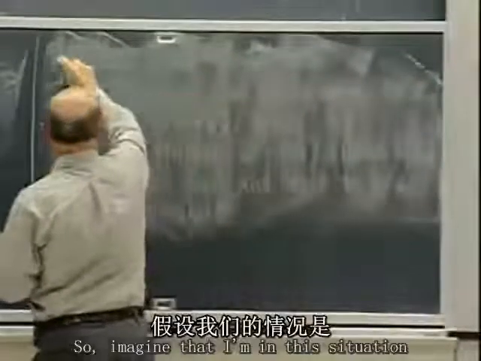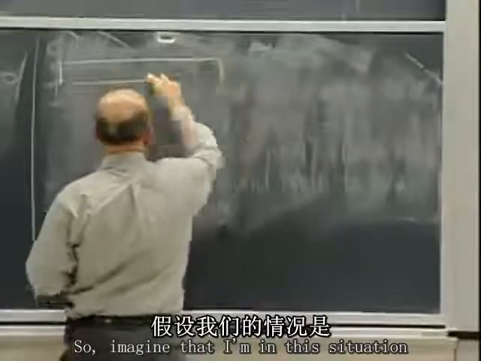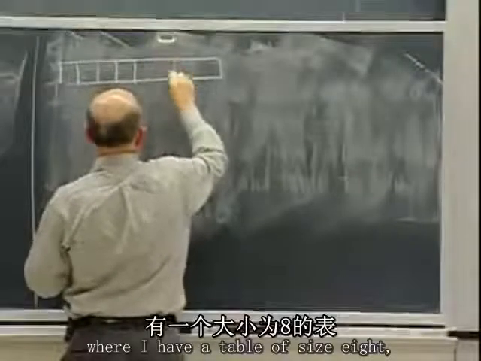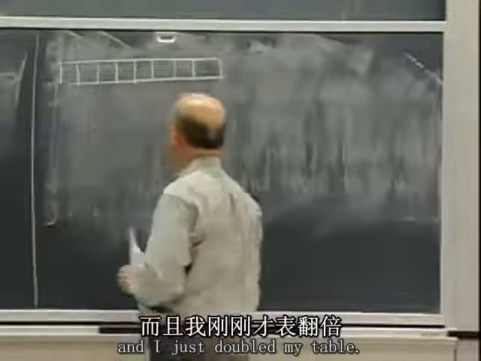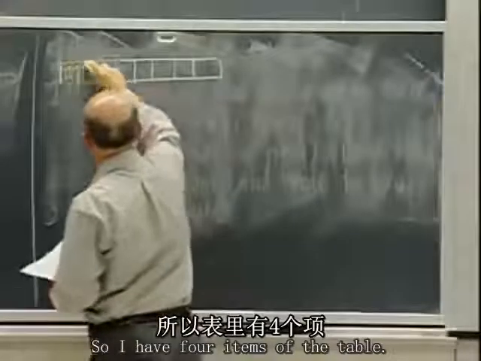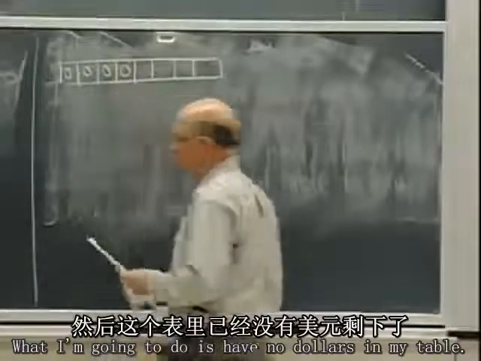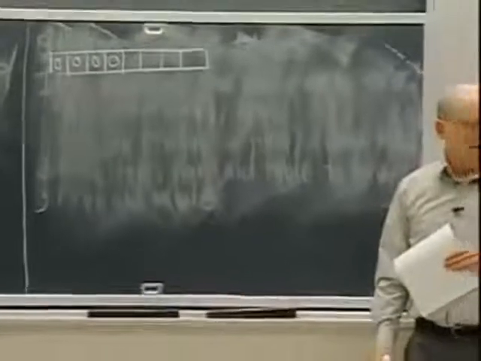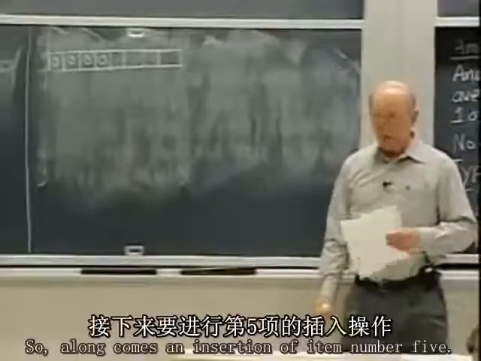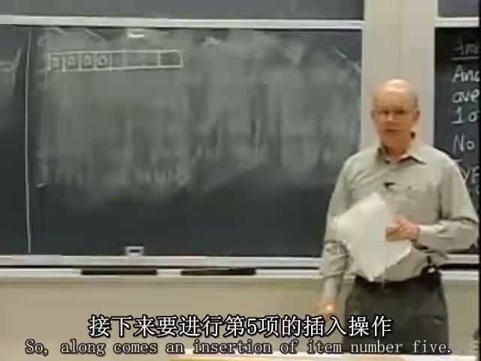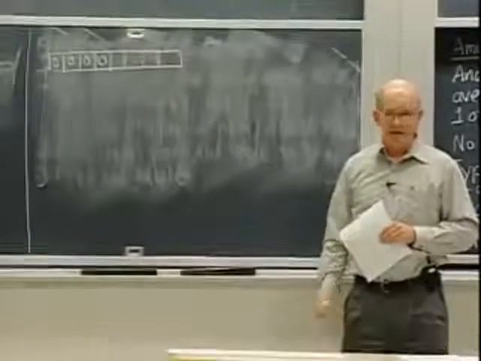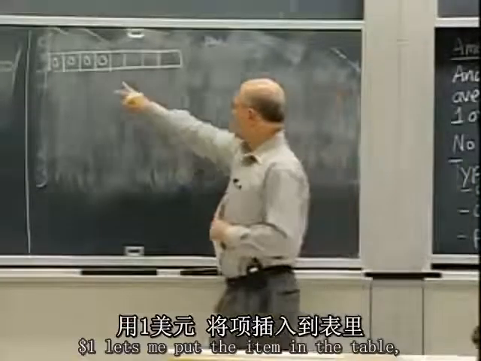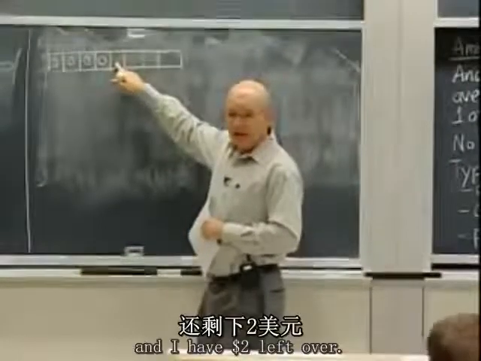So imagine that I'm in this situation where I have a table of size 8, and I've just doubled my table. So I have 4 items in the table, and I have stored no dollars in my table. Okay? So along comes an insertion of item number 5. I charge $3 for it. $1 lets me put the item in the table, and I have $2 left over.